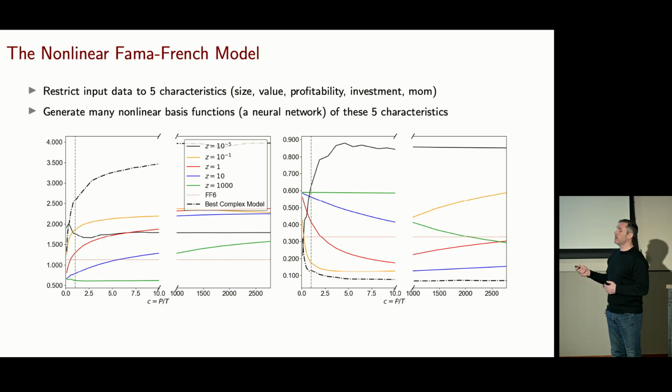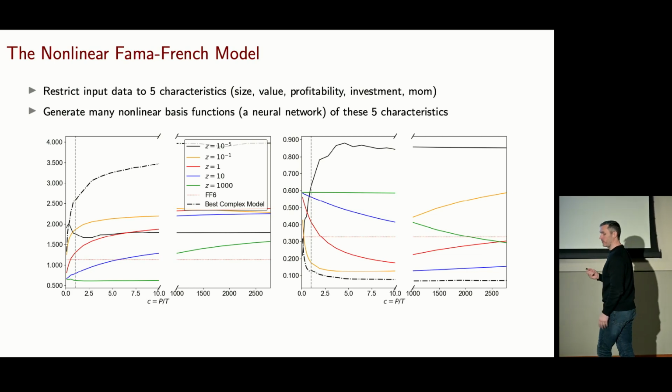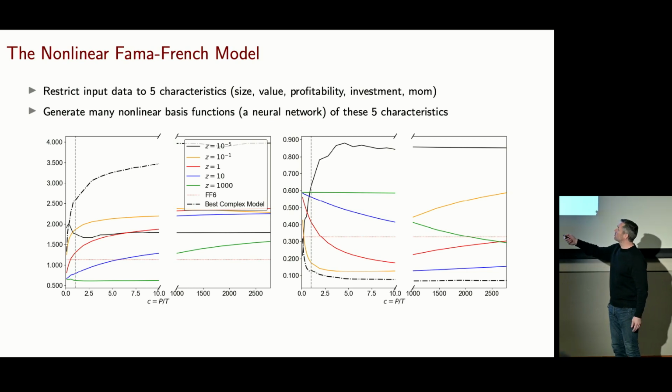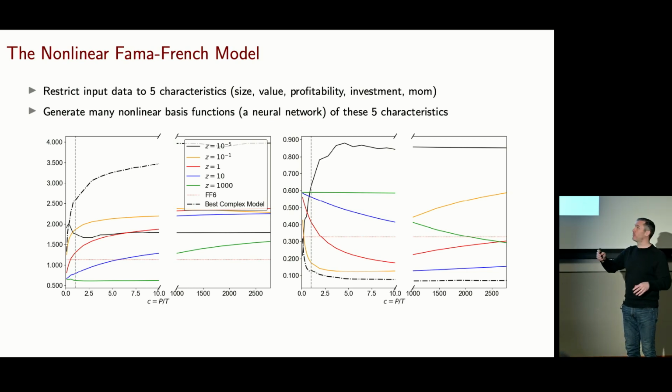Next, it's not about the set of inputs. Any set of x's that you use, you can use better with big nonlinear expansions of those x's. A great example would be the Fama-French model. Let's say that I restrict my input data to just the 5, kind of 6 Fama-French characteristics: size, value, profitability, investment, and I've added momentum in there.